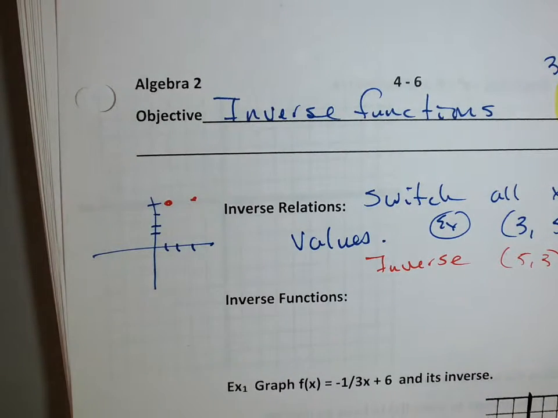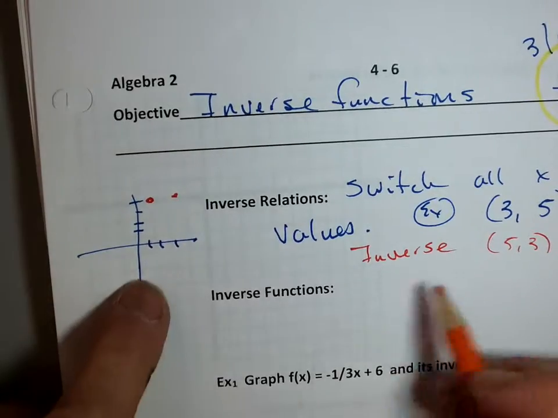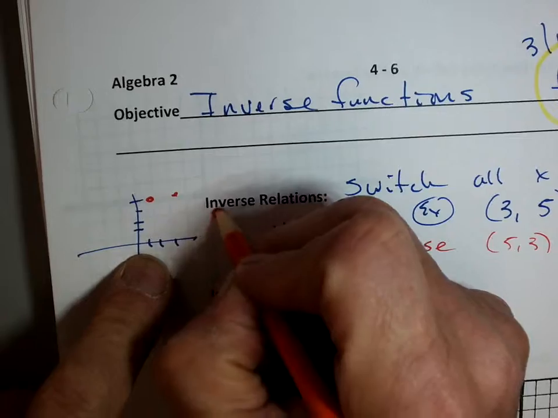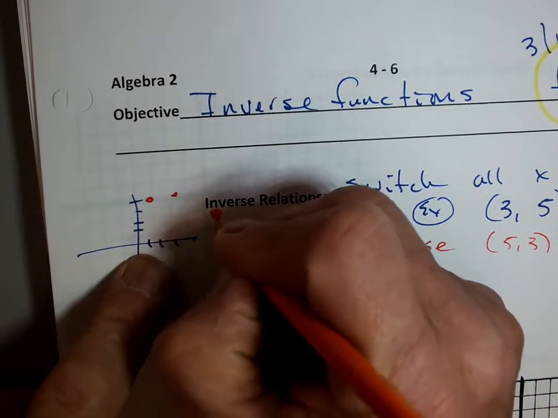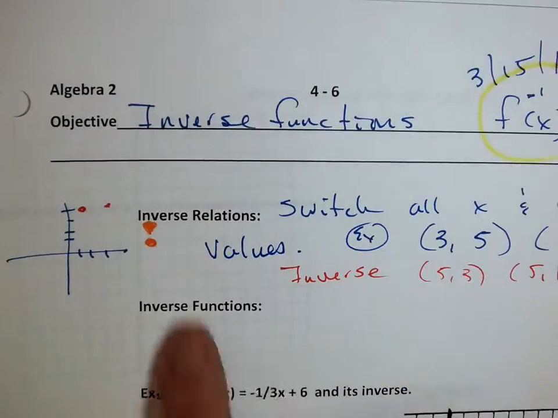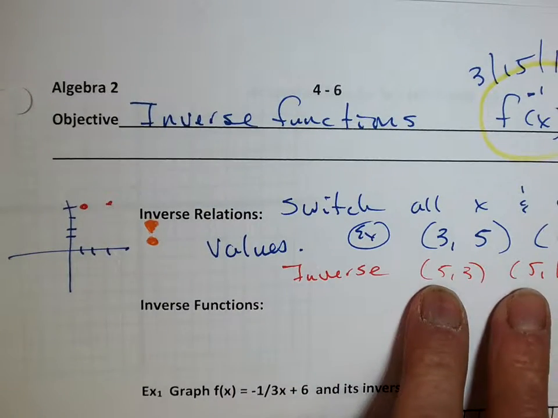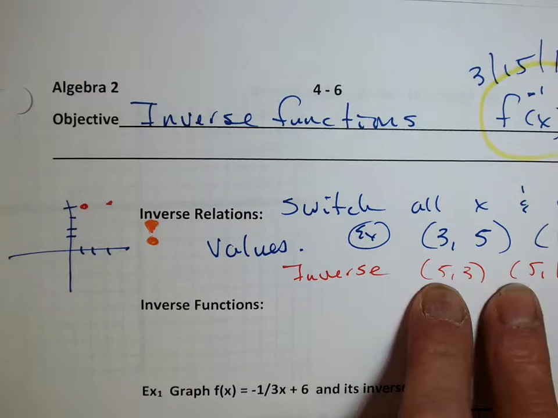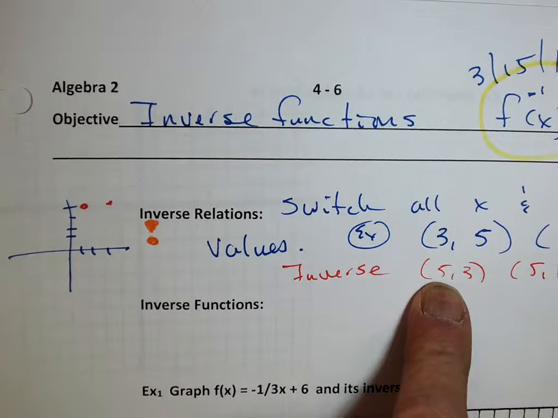If I were to graph that, I'd have (5, 3) and (5, 1). So its inverse is not a function because you've got an x value with 2 different y values. It doesn't go along with our definition of a function. Each x value has to have a unique y.